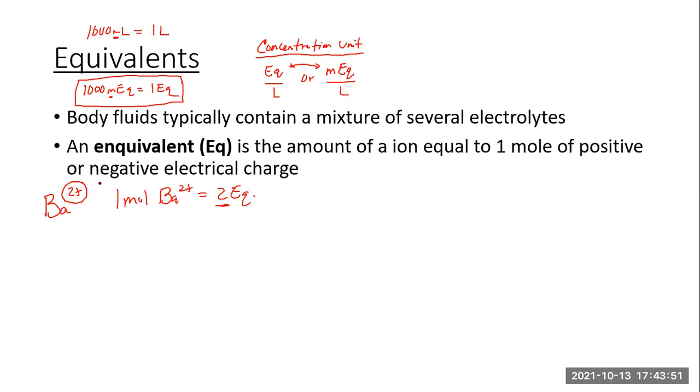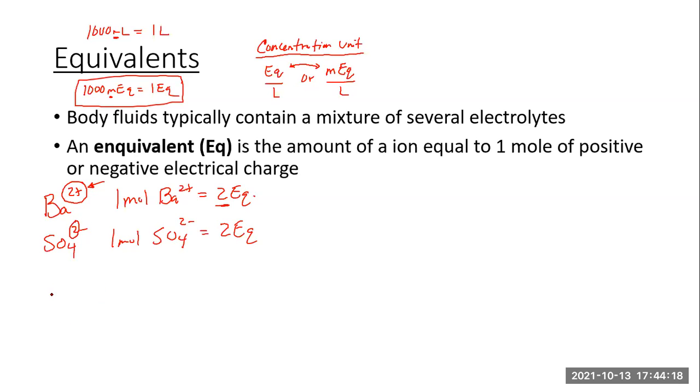The 2 comes strictly from the number of the charge. It doesn't matter if it's positive or negative; it's just the number. If we had something like sulfate, SO4 2 minus, in 1 mole of sulfate there would be 2 equivalents, again, the 2 coming from the actual charge.